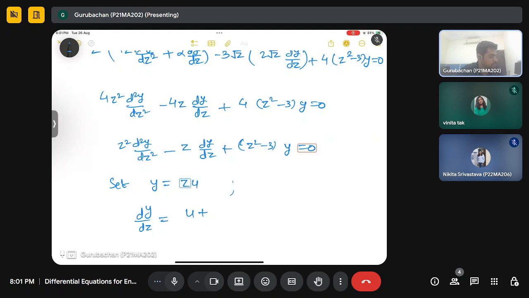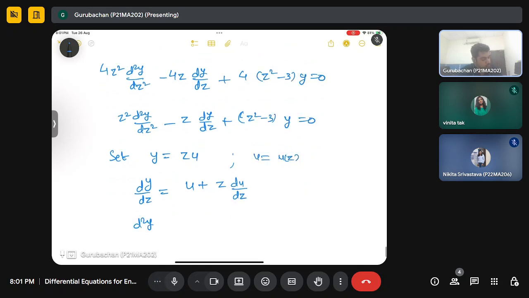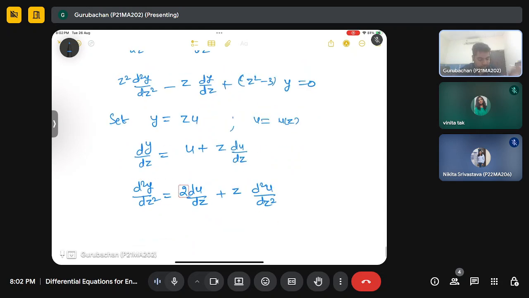It's obvious. So this will give you u plus z du by dz, and the second differentiation will be 2 times of du by dz plus z d2u by dz square. So you will put these values into the given differential equation to reach the classical Bessel differential equation.